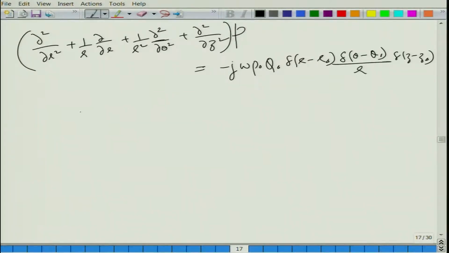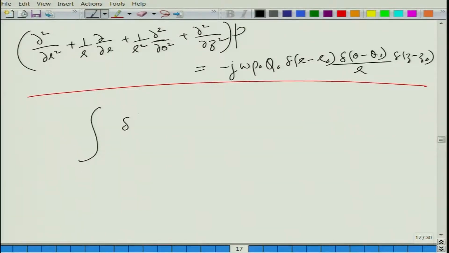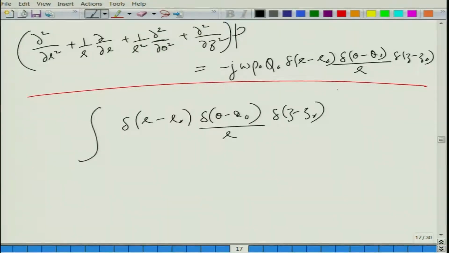Remember one thing, there is a small digression that I would like to make here. Here, r minus r naught into theta minus theta naught in the Dirac delta system, when you do dV over this cylindrical volume, what does it mean? So, dV is r. Instead of dV you write r dr, r d theta, that is your small arc here.